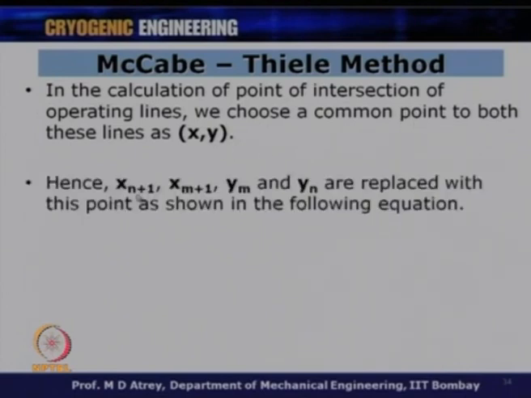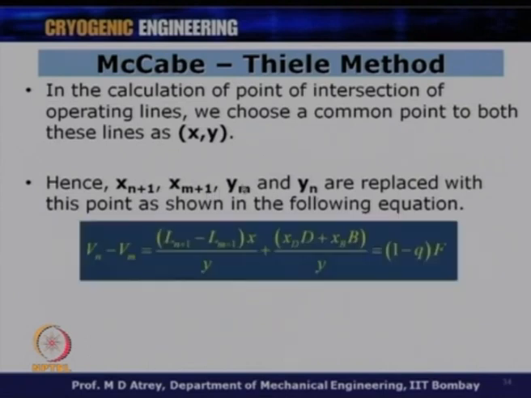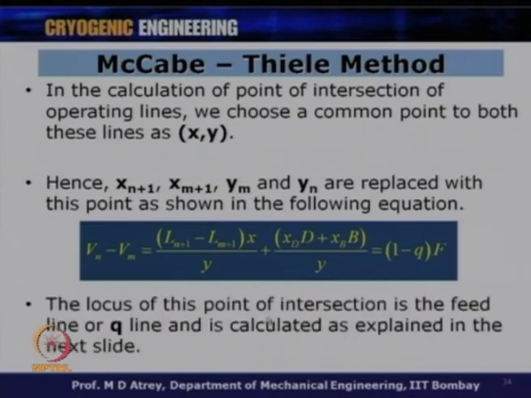Hence we do not have to write xn plus 1, xm plus 1, ym and yn; they will be replaced by x and y. Now I get Vn minus Vm is equal to Ln plus 1 minus Lm plus 1 upon y into x plus xD D plus xB B by y is equal to 1 minus q into F. The locus of this point of intersection is the feed line or q line and is calculated as explained in the next slide.